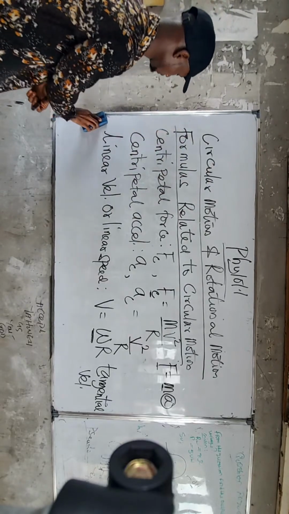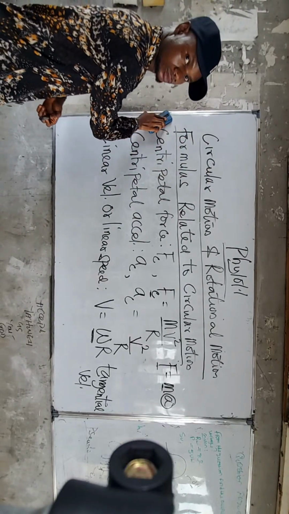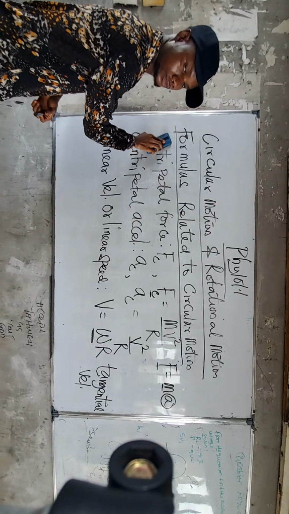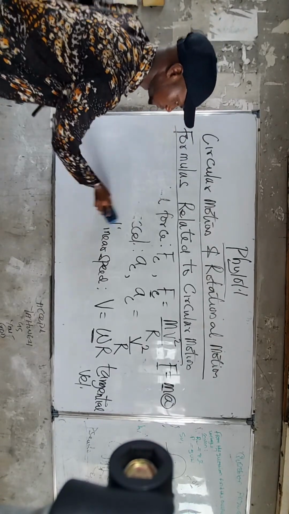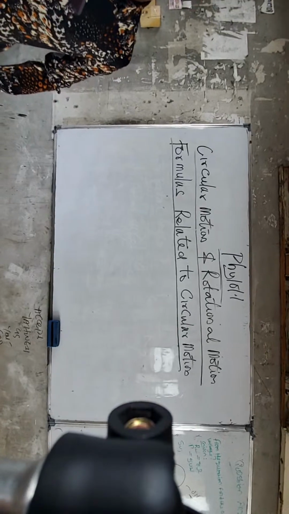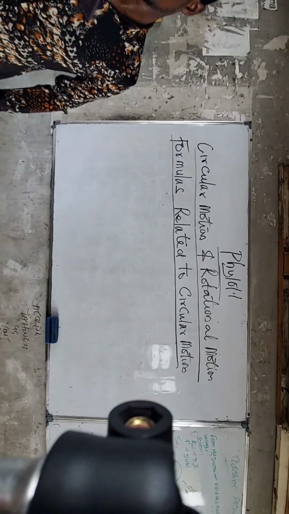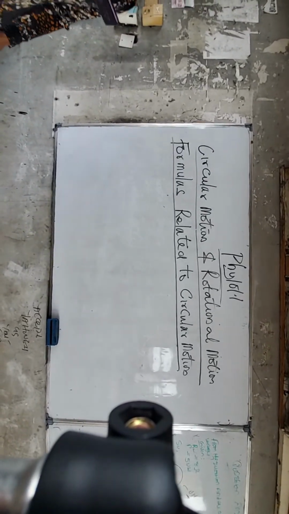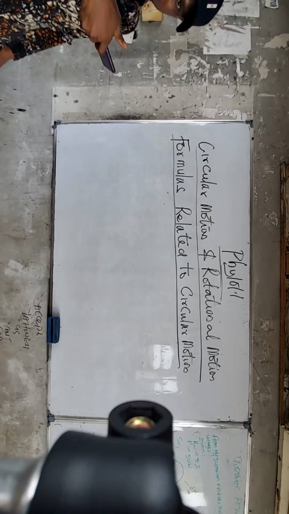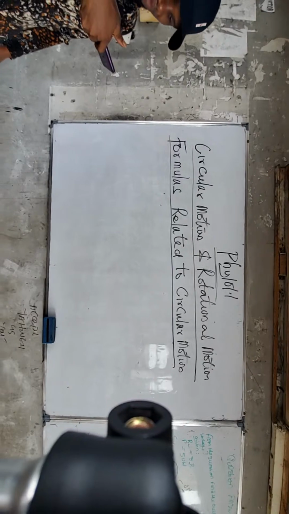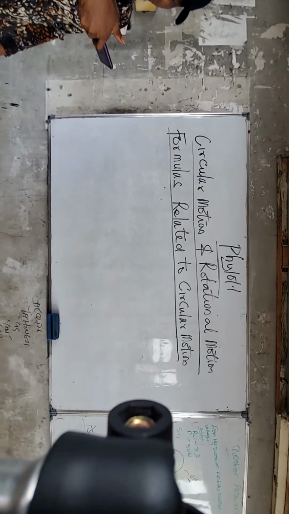Example 1. Are you done? Okay. No, it's not. Somebody say it was a vector. Okay. Just type this. Just type that.